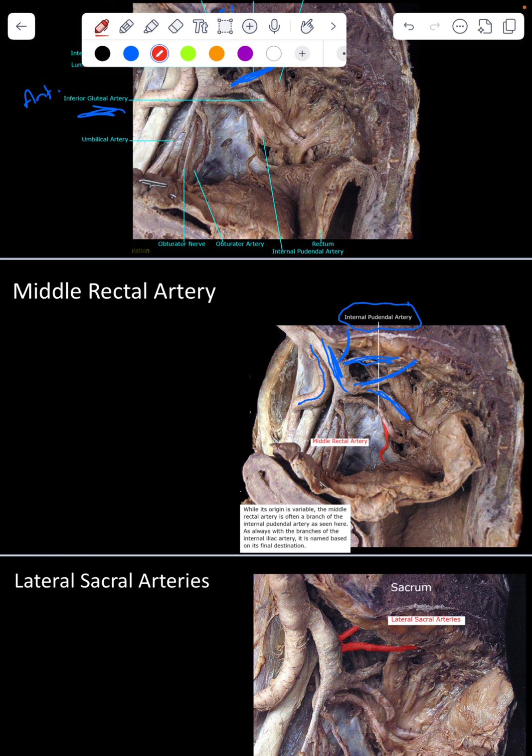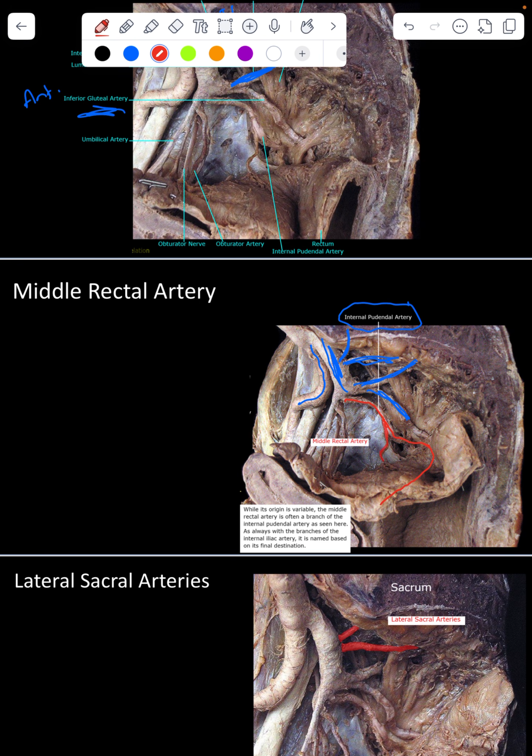So this internal pudendal actually leaves through the greater sciatic foramen, but then goes around and comes back and innervates all of the private areas. So it'll do the sensation to your genitals. It'll do the motor to the sphincters that close and open when you're trying to urinate and all that stuff.